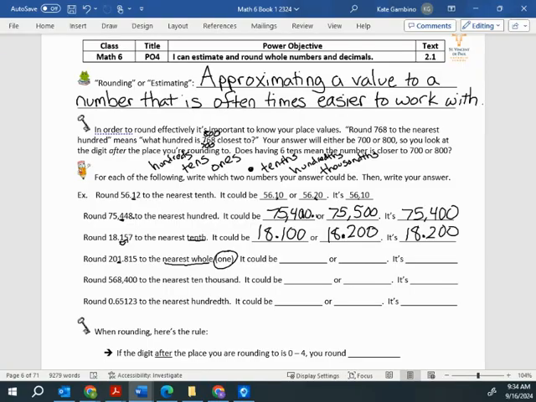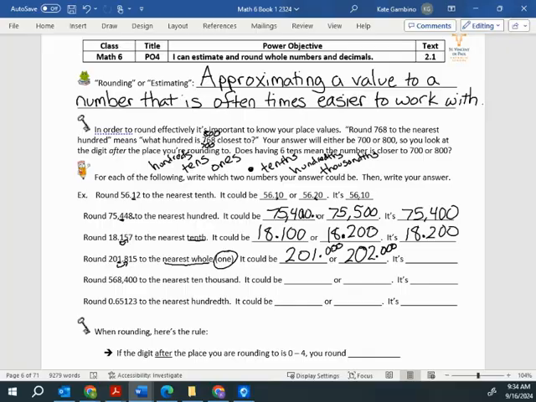So my answer could be 201, I could keep that 1 the same, or 202. And I can put those decimal zeros after it, but I do not have to. So if that 1 is followed by an 8, what does that mean?